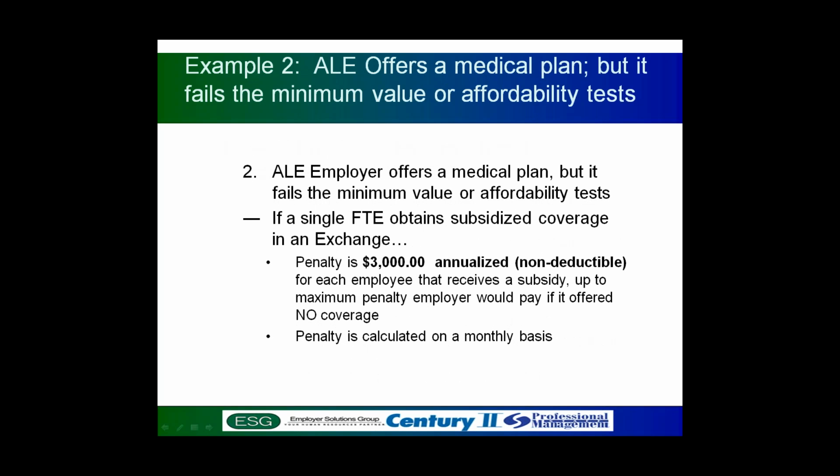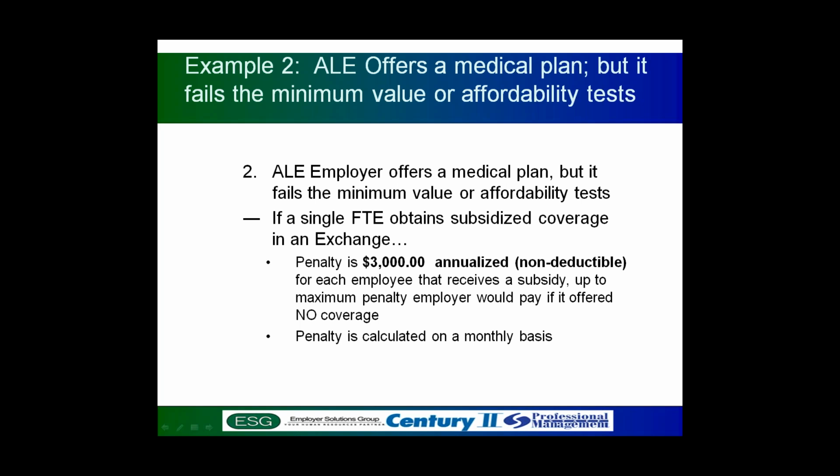Here's another example, of a company that is offering benefits, but perhaps they have failed either the minimum value or the affordability test. Perhaps for their employees, they're paying more than that 9.5% for employee-only coverage.